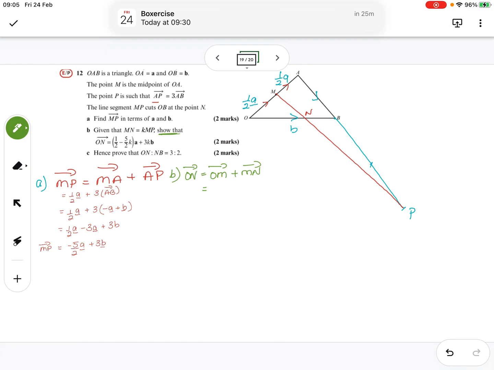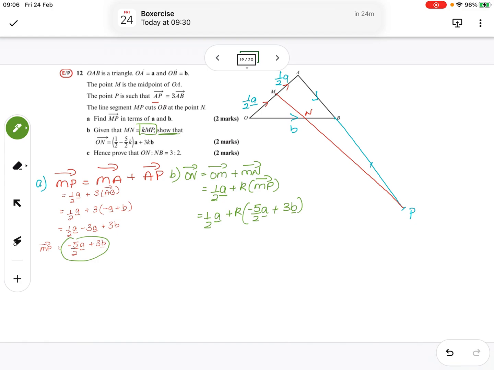OM is a half A in that direction, so that's good. MN, they've told us, is k lots of MP. And then if we put in MP, we've got k lots of minus 5 over 2 A plus 3B, which we hope is correct.